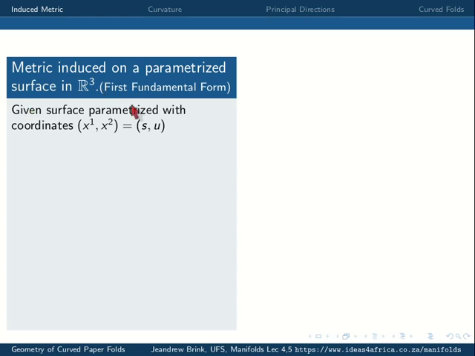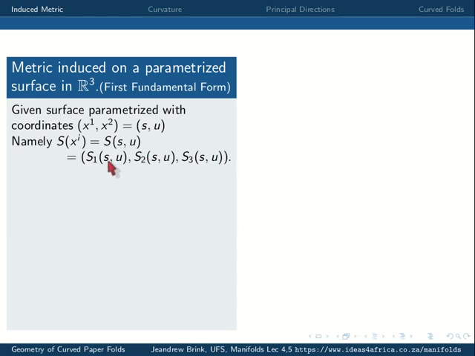So if you're given a surface, it's parametrized with specific coordinates. What usually happens is we label our coordinates with indexes. In this case, we have x1 is just s and x2 is just u. Remember, the surface is a parametric expression, so this s actually stands for a vector of s and u, and so it's actually 3 components.